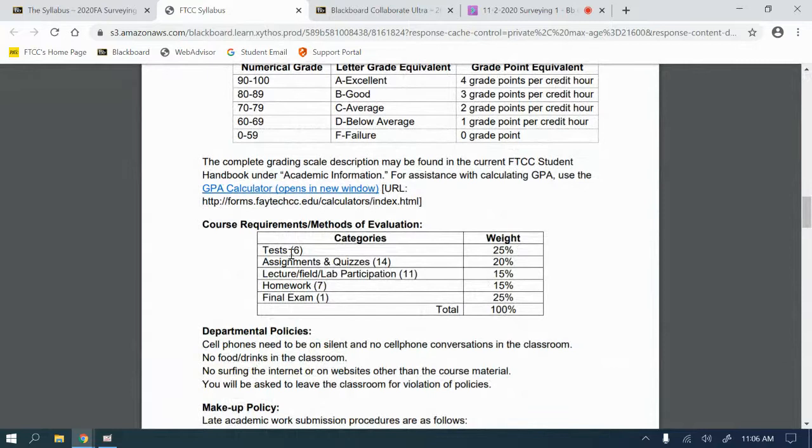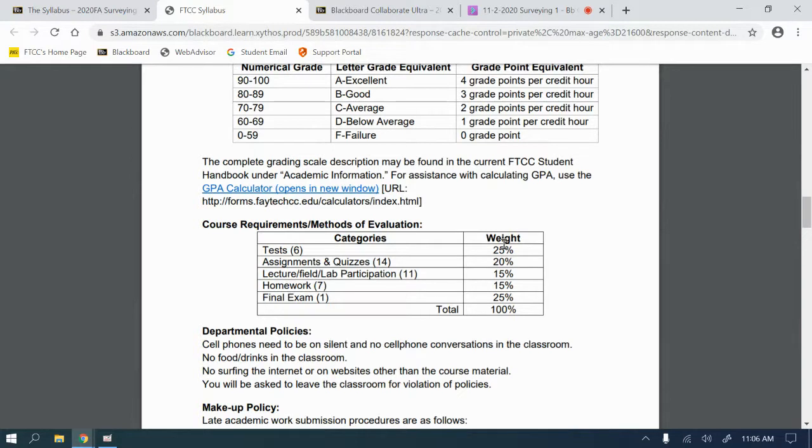So basically, your 6 tests are only weighted 25%. So one or two bad tests is not going to hurt you. Now, if I had weighted those more, like in physics class, the tests were weighted 60%, the final was 20, homework was 10, and labs were 10. Not everybody's a good test taker, so I'm not going to put all of my weight in my test grades.